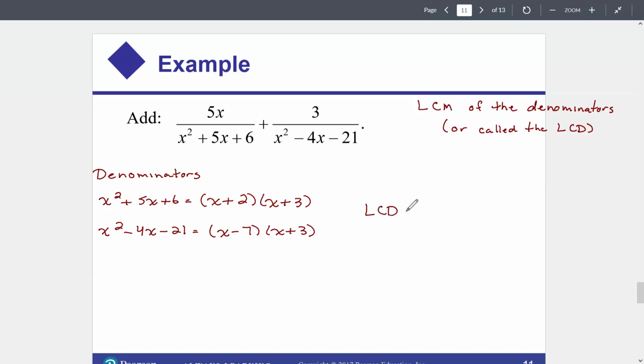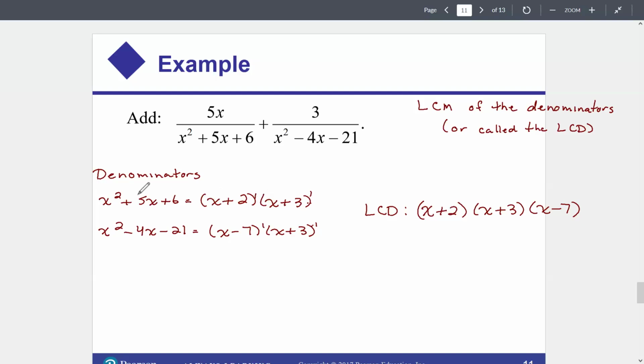So for my LCD, I need to take down every factor that appears at least once: the x plus 2, which appears once, the x plus 3, and the x minus 7. The x plus 3 appears twice, but I only need to record it one time, and everything has a power of 1. So my LCM is x plus 2, x plus 3, x minus 7.